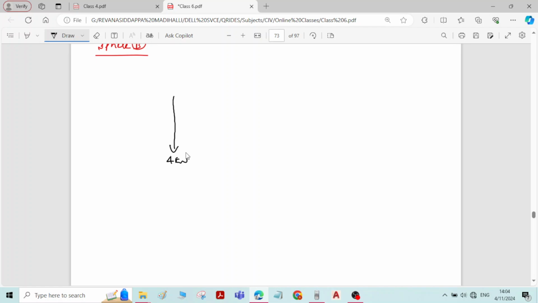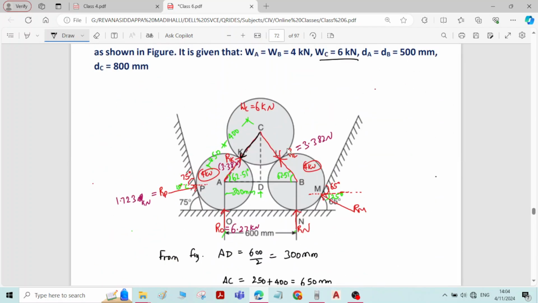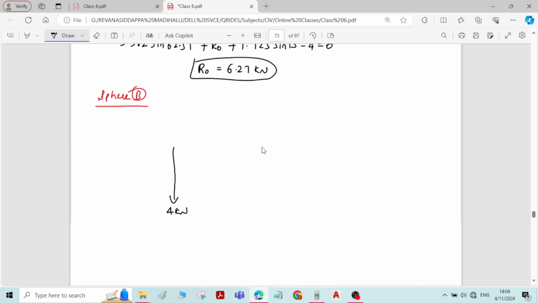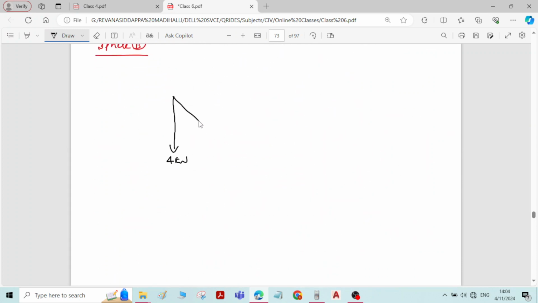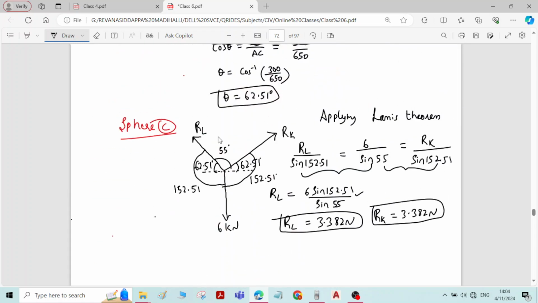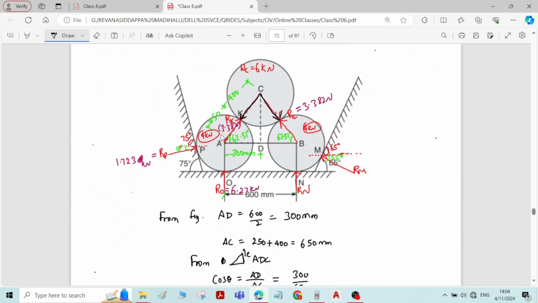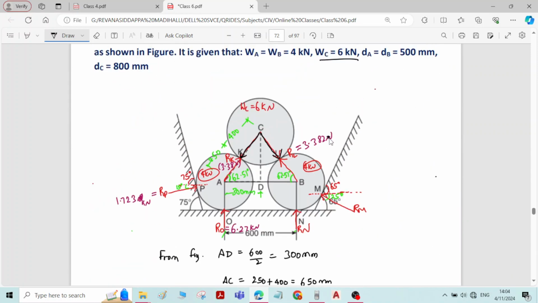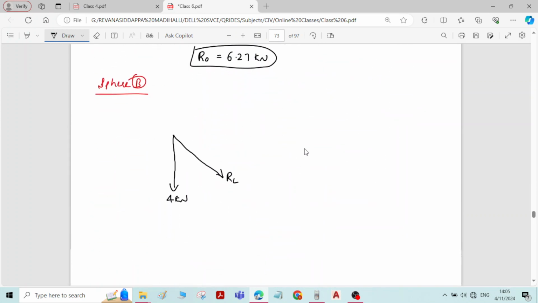Then for sphere B, there is reaction from sphere C, that is RL, along the bottom right corner. RL value is known. It is 3.382 kilonewton.